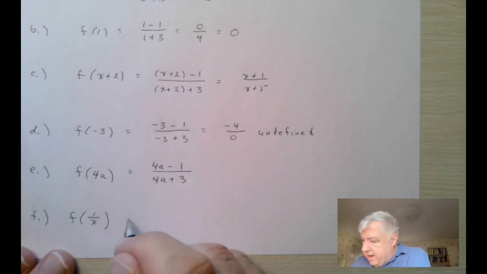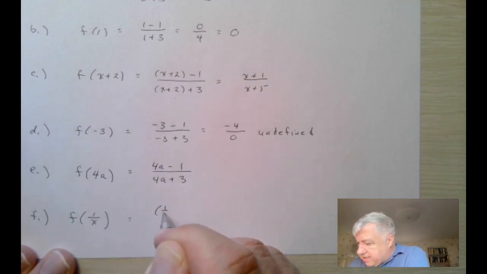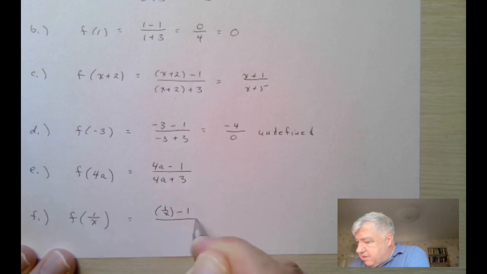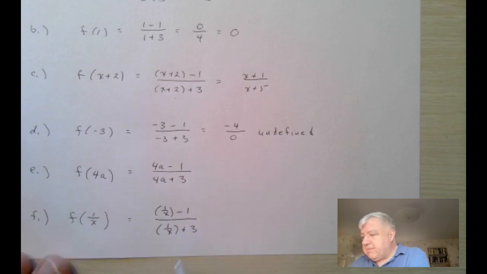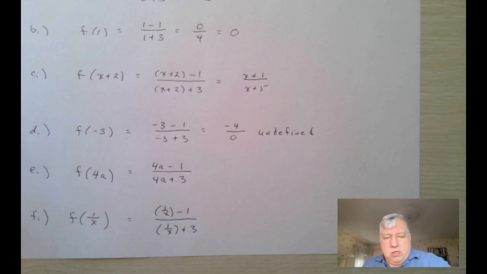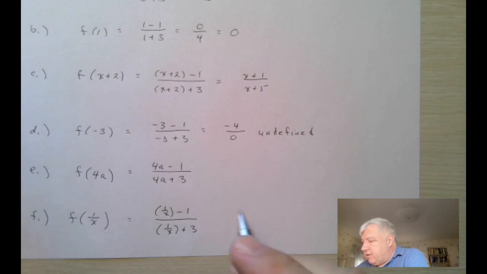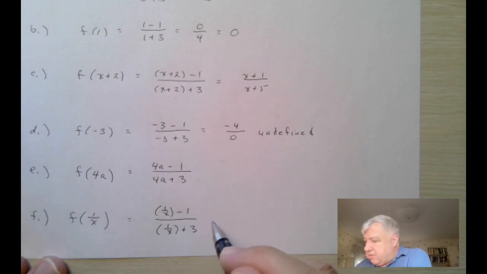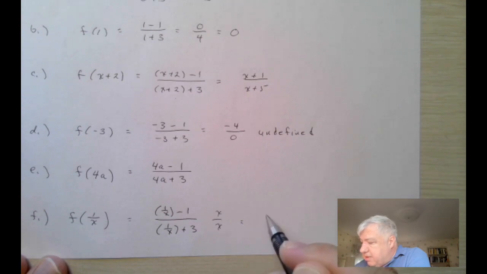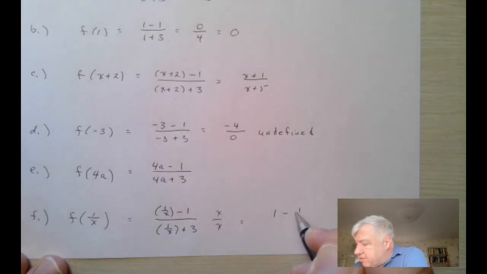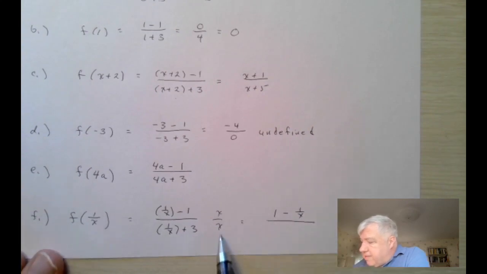f of 1 over x would be 1 over x minus 1 over 1 over x plus 3. We could leave it like that. We could also multiply both the top and bottom by x, and then this would be 1 over x times x is 1 minus 1 over x, and then this would be 1 plus 3 over x.